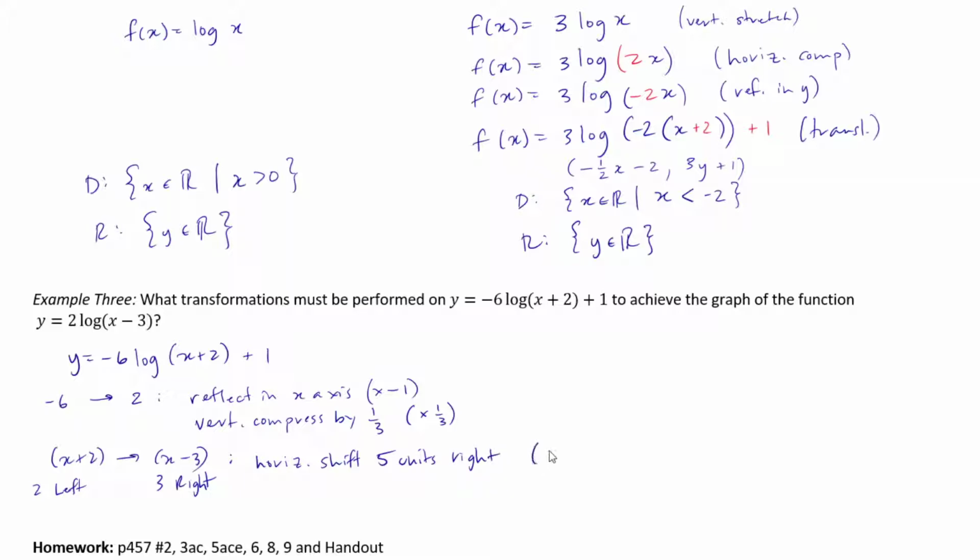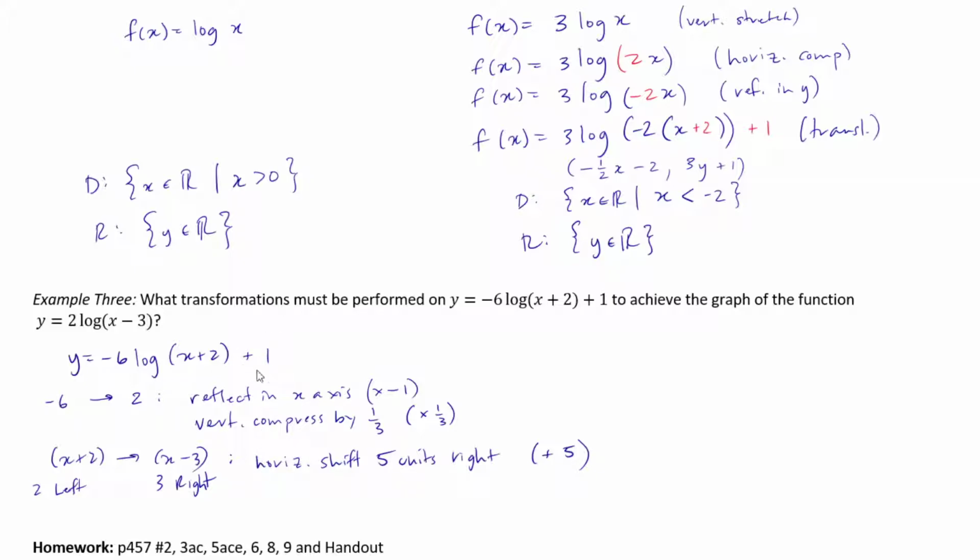So I'm going to have to add 5 to the x value. Okay, and that will cause it to shift right 5 units. So I'll go from 2 to the left of the origin to 3 to the right. So I'm shifting it over 5 units.